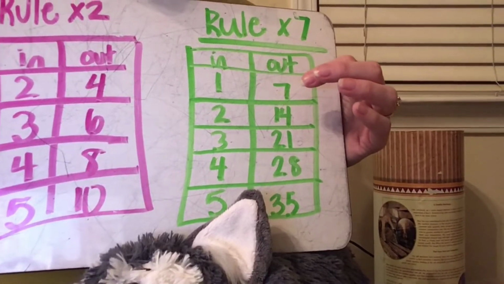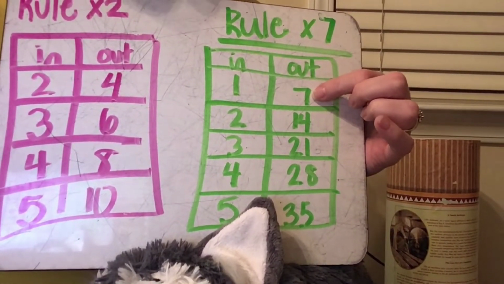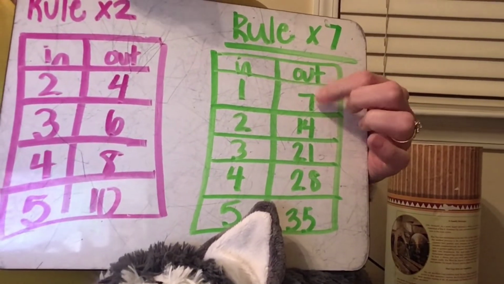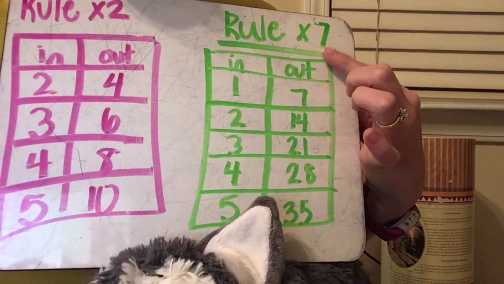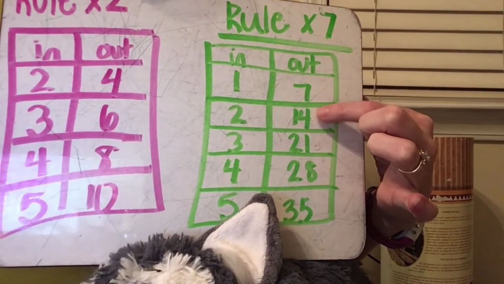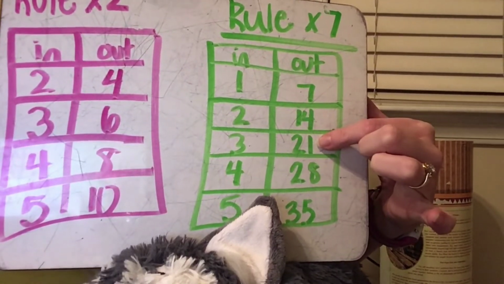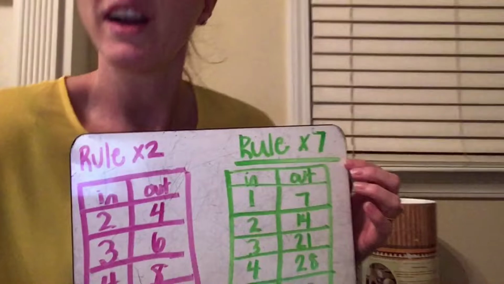It's not with the numbers repeating, but I can see that this is an odd number times an odd number. But when 7 odd is multiplied by even 2, I get an even number. And then it's odd, then even, and odd. So I do see a pattern.